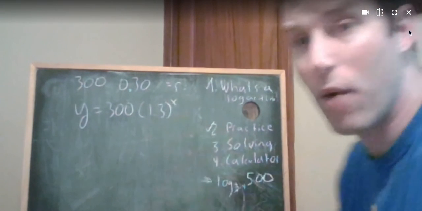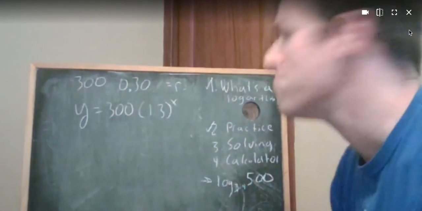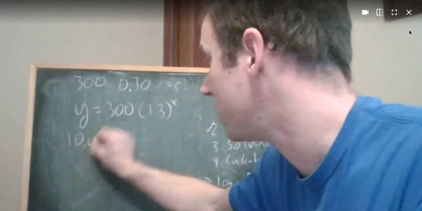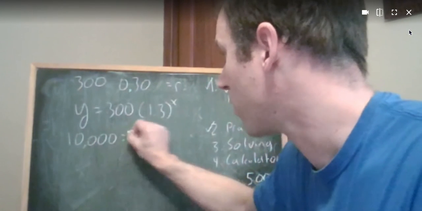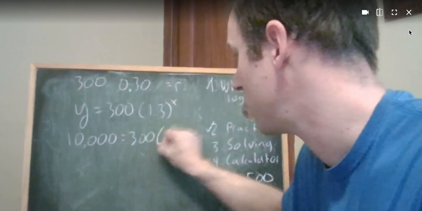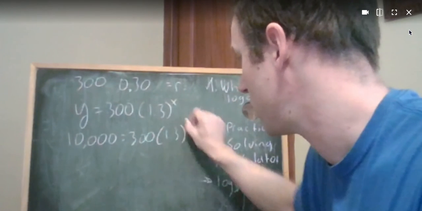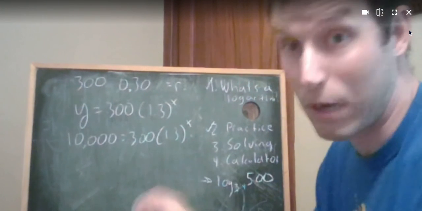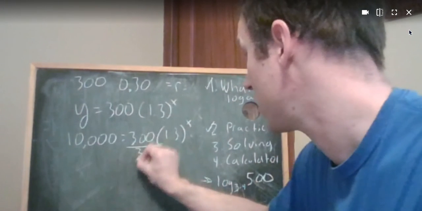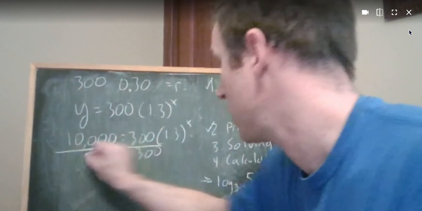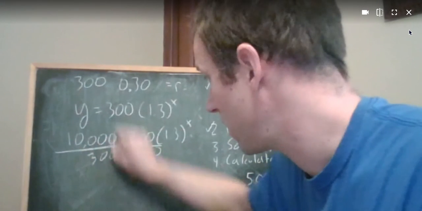All right, so let's say I want to know, when do we hit 10,000 cases? When do 10,000 people have coronavirus? Got to get rid of that 300. Cancel a couple of zeros.